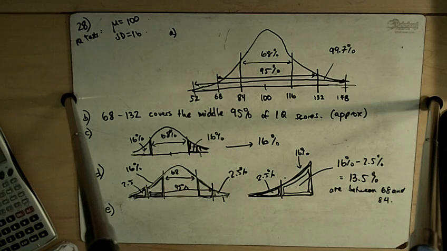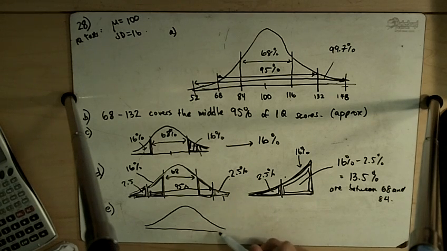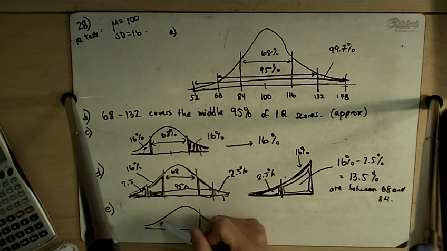And the last part asks about what percent of people should have IQ scores above 132. Okay, so this is actually, I think, easier than the last problem. If we go out to 116, that's 1 standard deviation, and 132 is 2 standard deviations above.